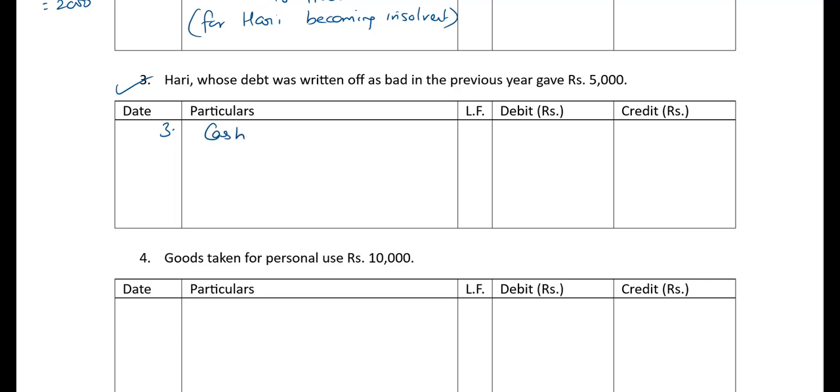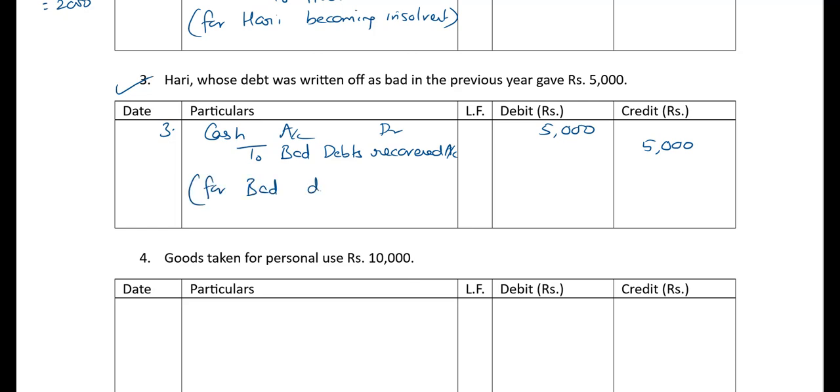So we will debit cash account with 5,000 rupees and we'll credit bad debts recovered account, ₹5,000. Narration for bad debts recovered.